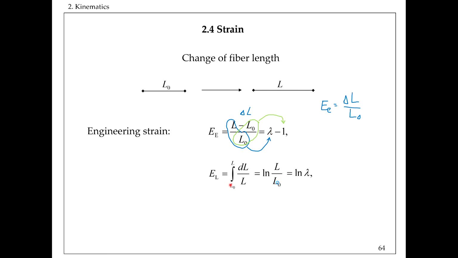And so it appears that we have this new measure. It looks very different, right? There is a natural logarithm suddenly appearing here, as opposed to engineering strain, where everything was linear. Hence we have a name for that. It's called logarithmic strain.